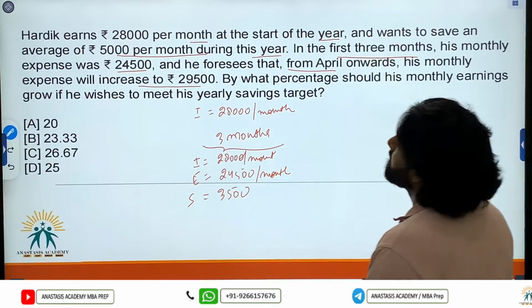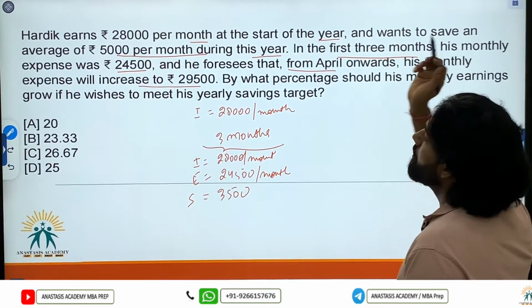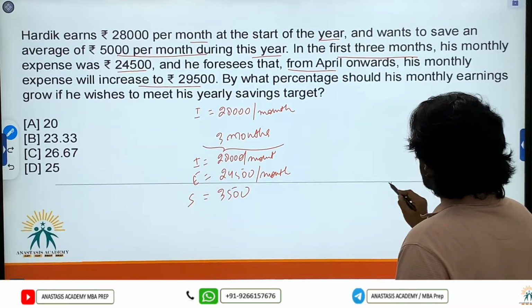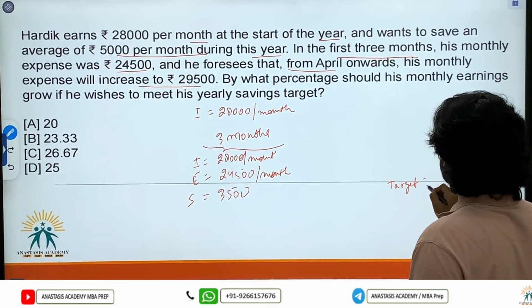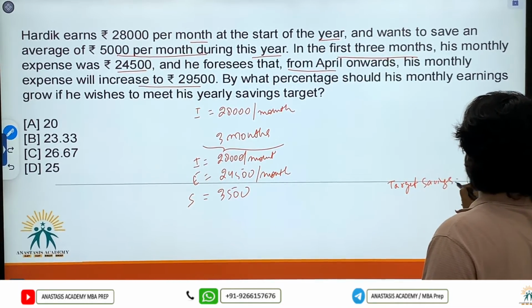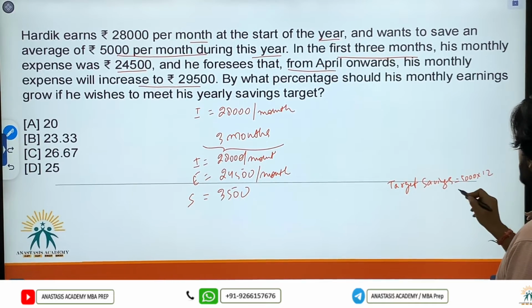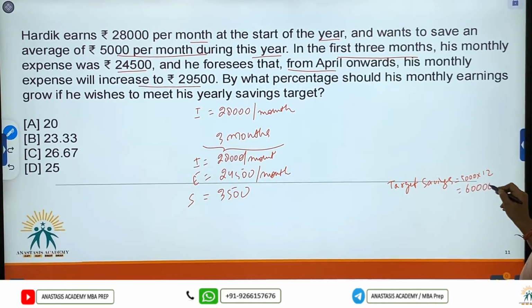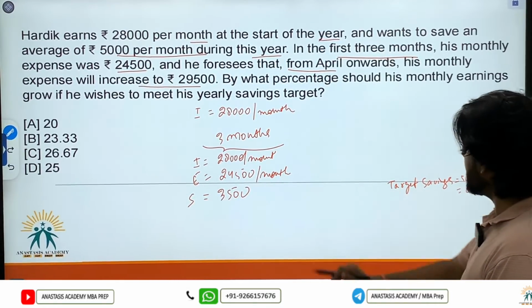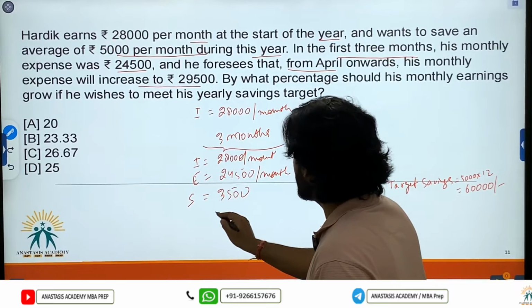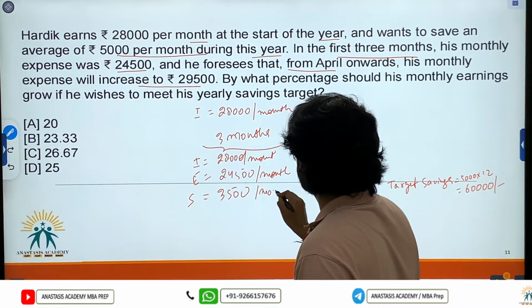But it is given that he wants to save 5,000 per month, right? So his target savings are 5,000 per month, that is 60,000. This is the target savings, and in the first 3 months, he managed to save only 3,500 per month.